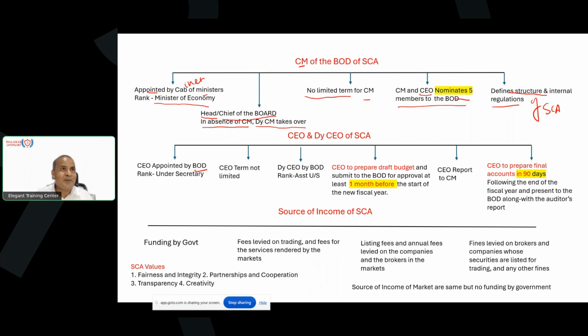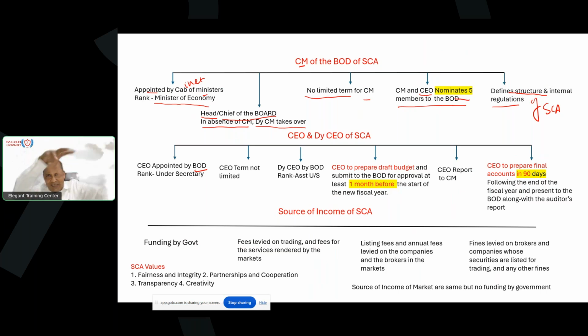So cabinet will pass resolution to form the board. Clear? Once board is there, then cabinet sends chairman: okay, go and sit in the board as a head. Then board will appoint CEO, deputy CEO, and all those employees. Clear or not?